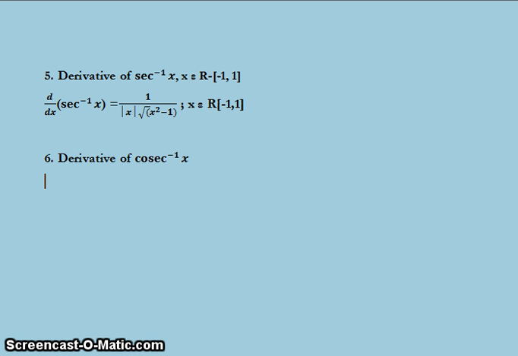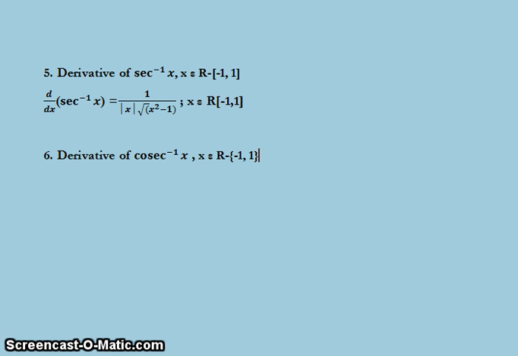Next we are going to find the derivative of cosec inverse x, where x belongs to R minus the interval of minus 1 to 1.